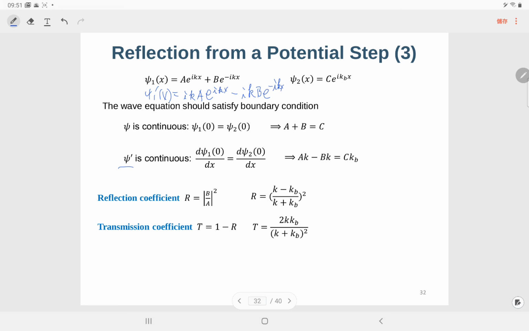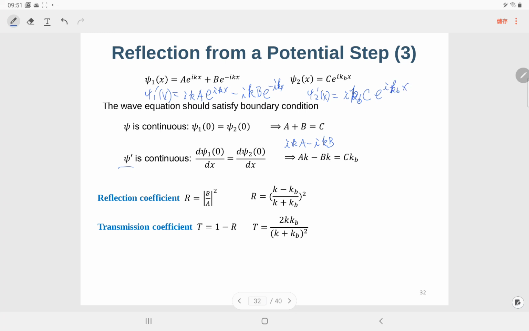When you substitute x equal to 0, it becomes iKa minus iKb. And for phi 2 prime of x, it will be i kb c exponential i kb x.